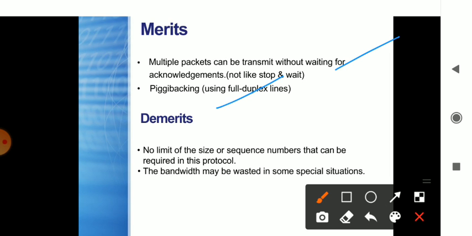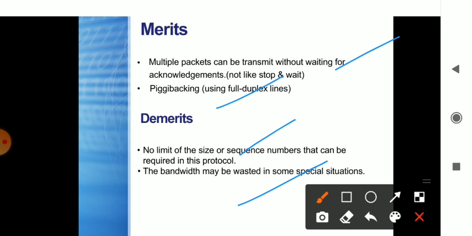Demerits: since it doesn't have any limit, that also becomes a demerit, because multiple packets are being sent at a time. It will be difficult to manage the network. So there should be a limitation, at least a little bit, and bandwidth may be wasted because sometimes you may send 10, sometimes 1, sometimes 2, 3.